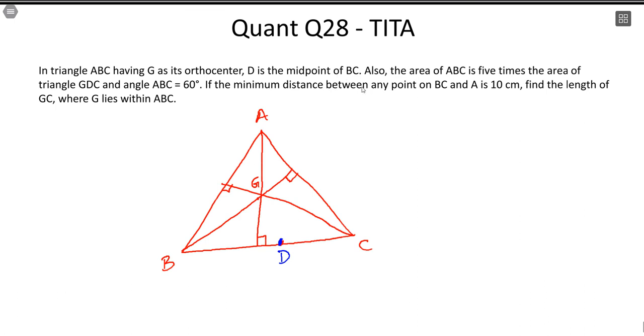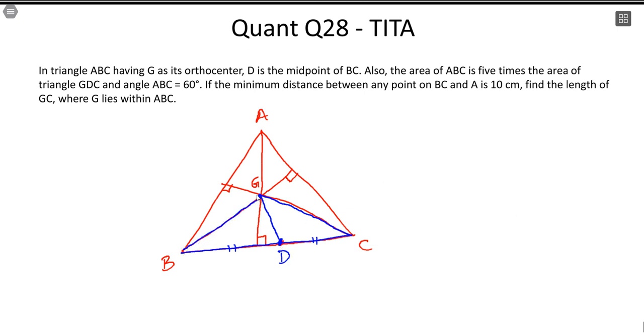Also the area of ABC is 5 times the area of GDC. This length is equal to this length. Can you see area of GDC and BDG?